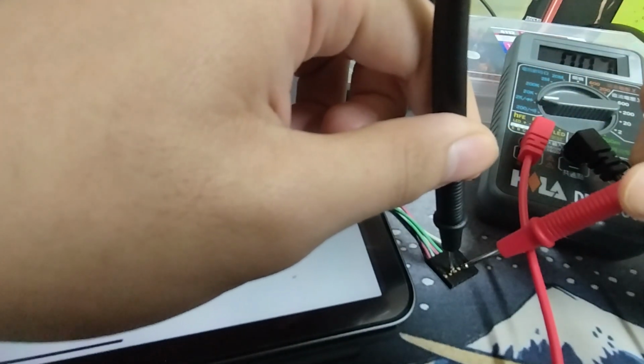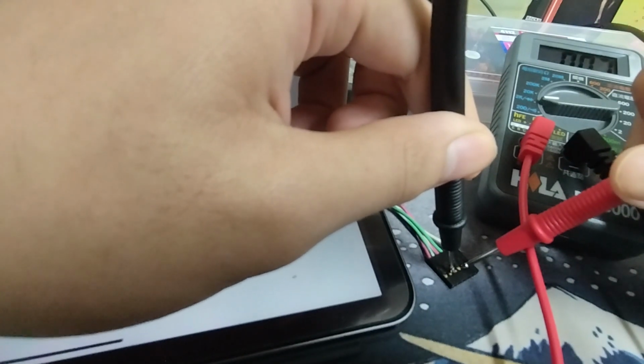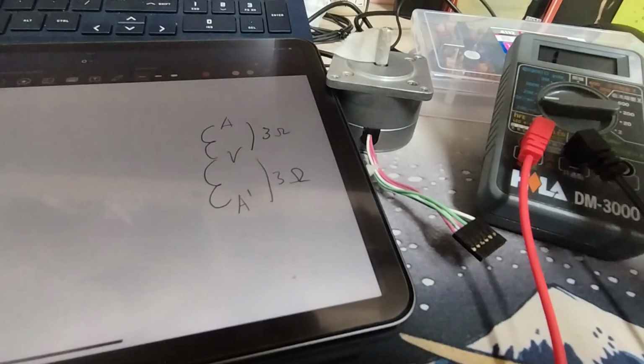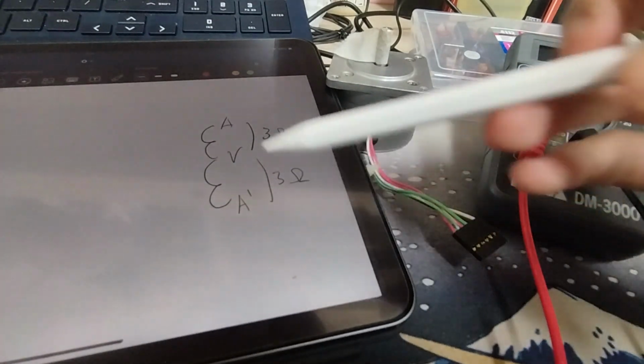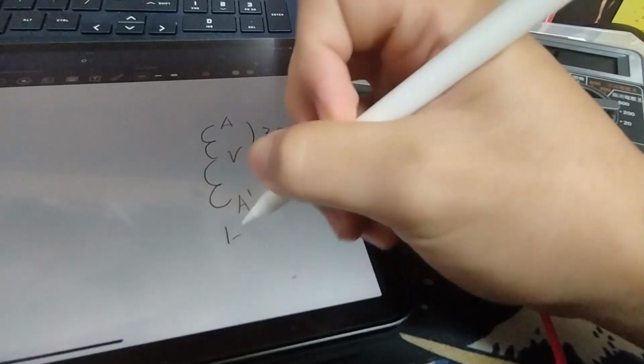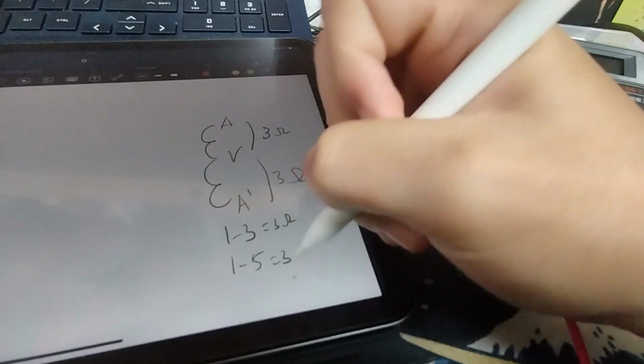It has a resistance of 7 ohm, which means 2 times the value between A to V and V to A prime. As we can see right here, when we go to 1 to 3 and 1 to 5, it has 3 ohm.